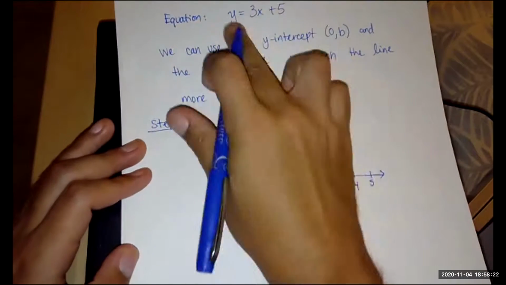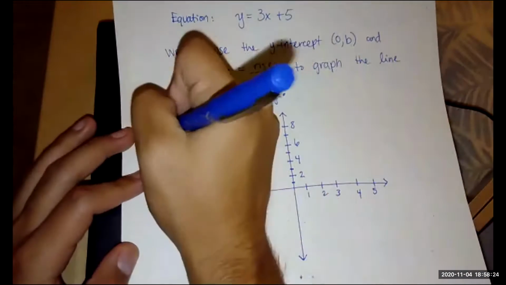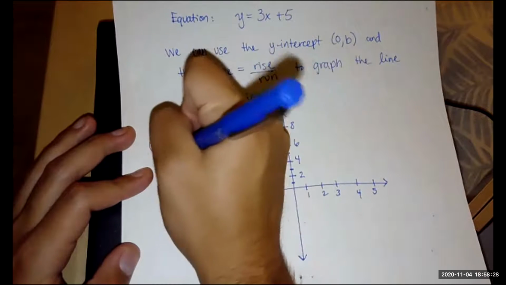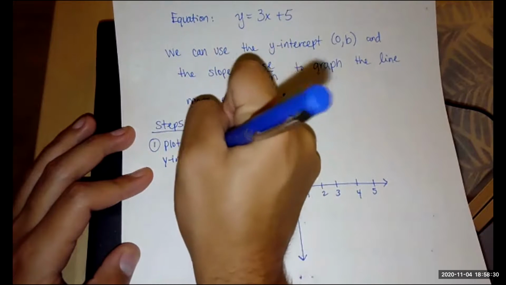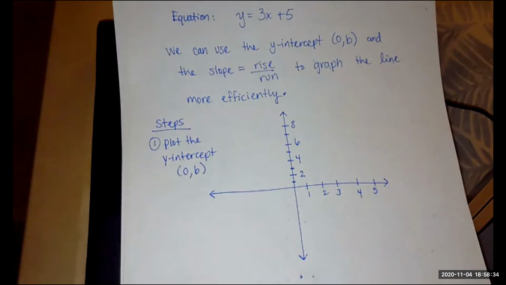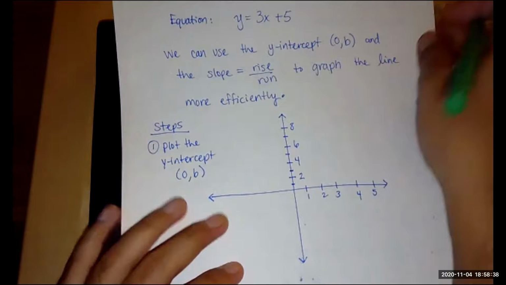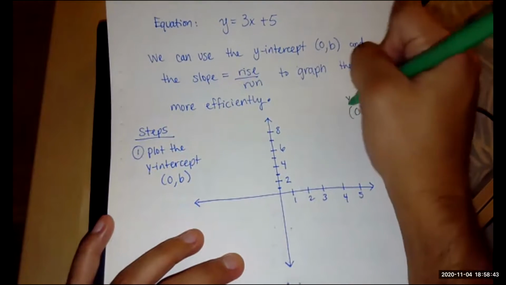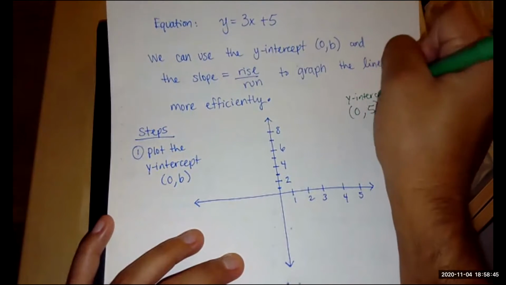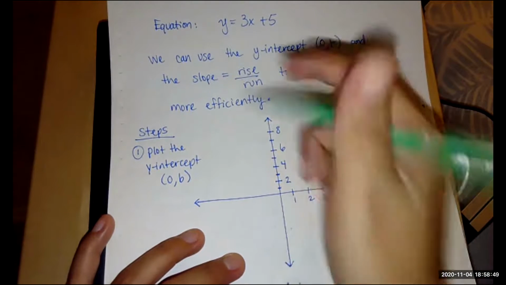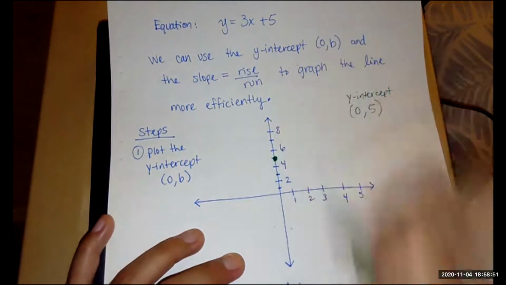If you're given the equation in slope-intercept form, the first step is to plot the y-intercept, 0, b. In this case, 0, b is 0, 5, which is the y-intercept. So I'll start at 0, go up 5, and I'll be right here.